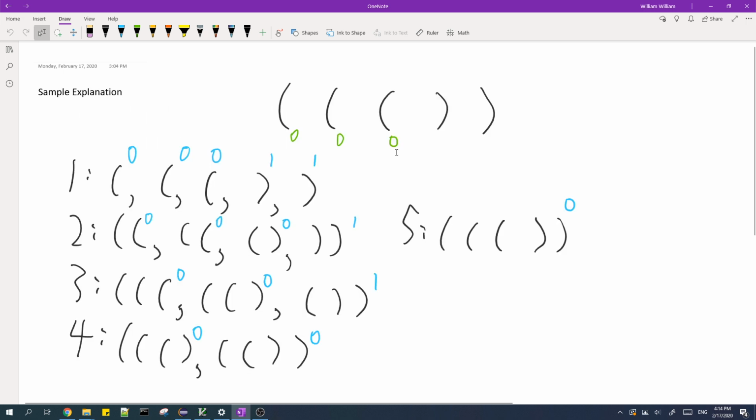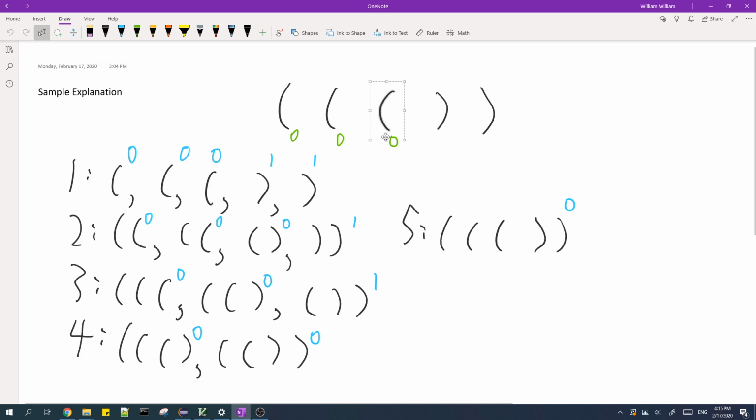So what I mean by that is, for each index in the string, we'll calculate its contribution, which is the number of subarrays that will change this index. So obviously for the opening parentheses, these won't ever be changed at all.